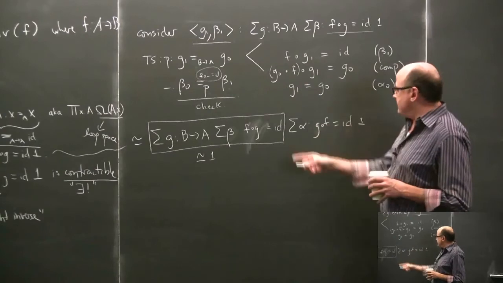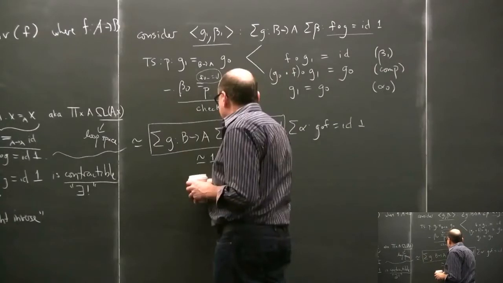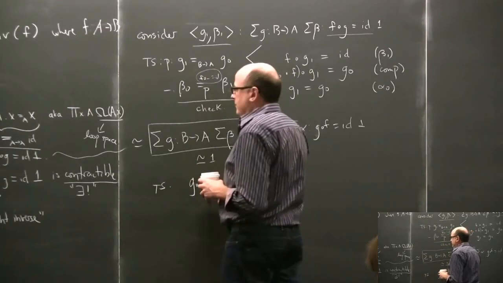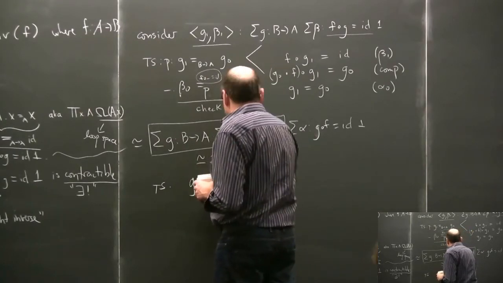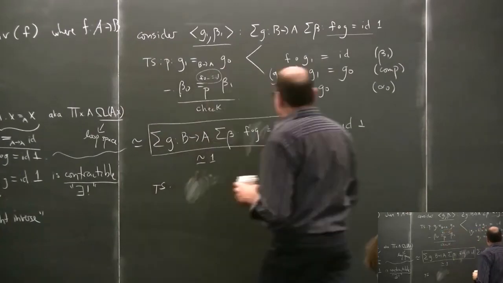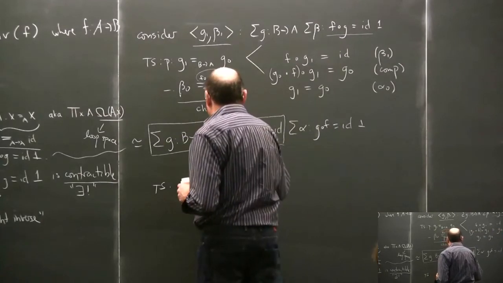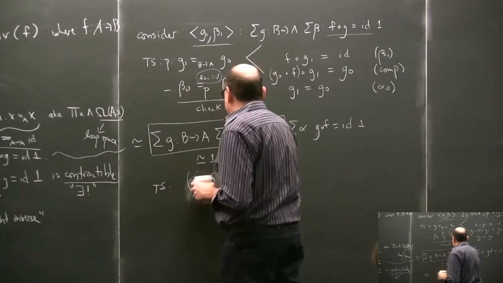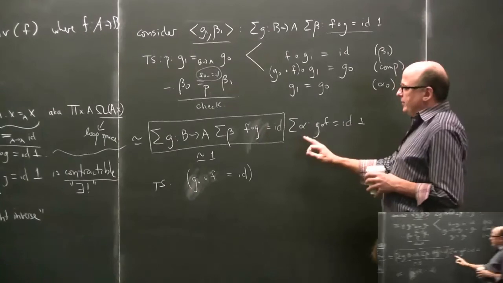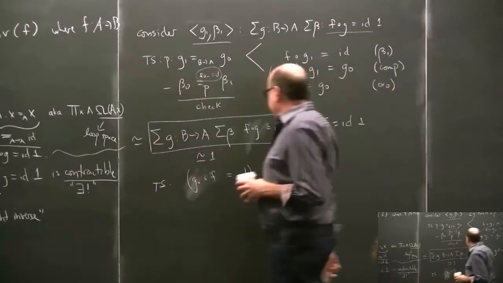When we're done, the thing we're left to show is that the type G naught composed with F is equal to the identity. That's the thing that's contractible. That's all that's left, because this is contractible with a particular element, which has G naught as center.